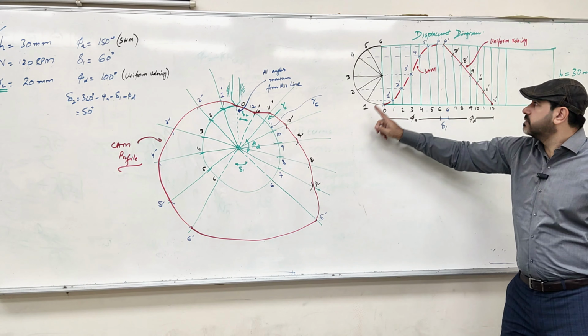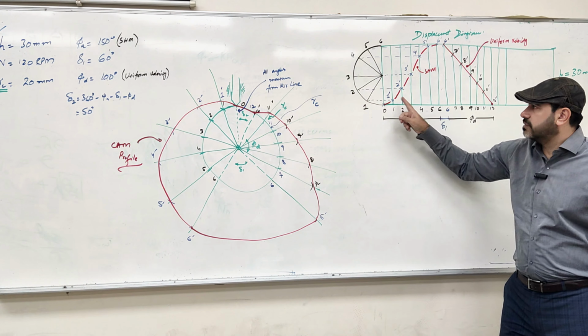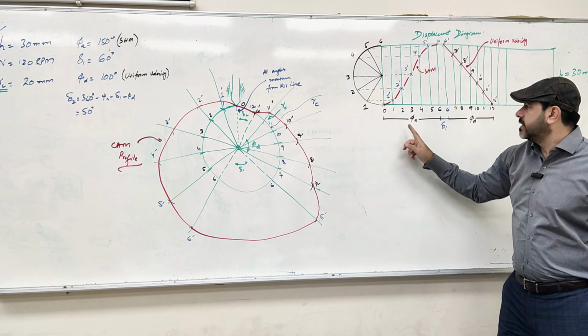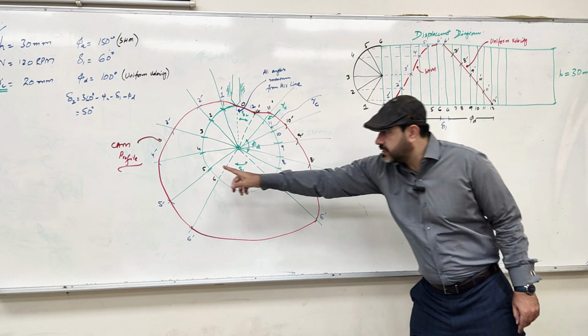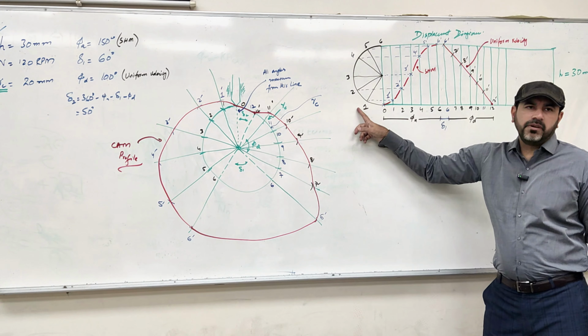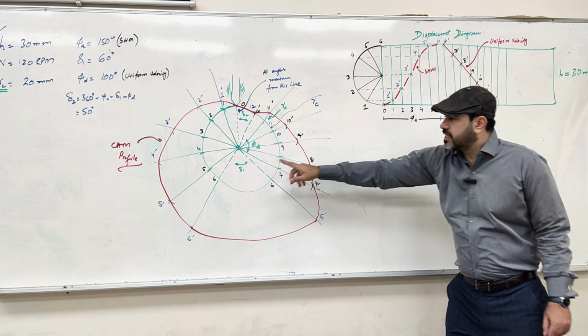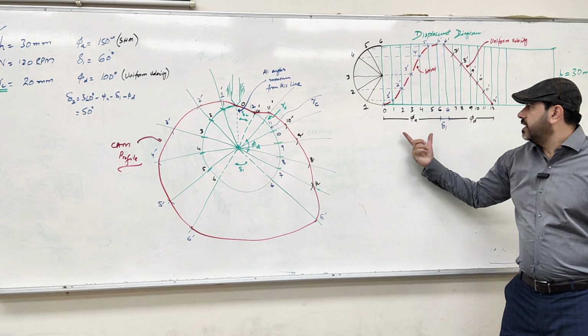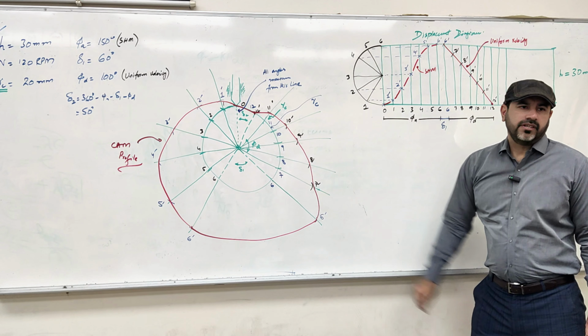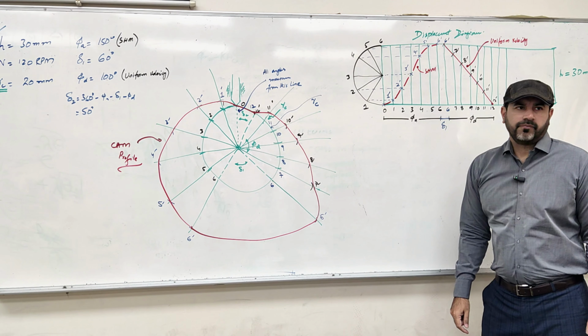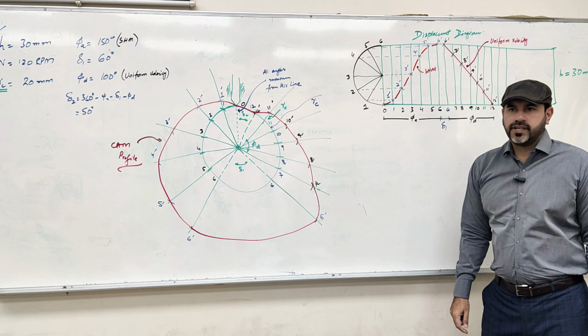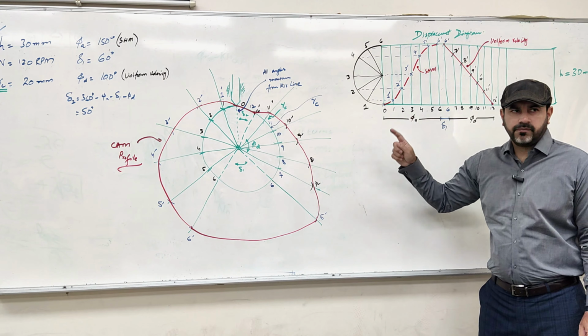Take the reference, because this one is a simple harmonic motion, you need to take the references from here. 6 divisions here, 6 divisions here, same number of divisions, and same number of divisions on the circle. If you decided to have 8 divisions over here, then 8 divisions over here and 8 divisions on the circle. Okay, if you decided to have 10 divisions, then it should be the same.